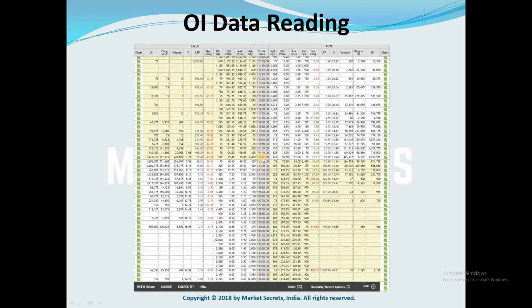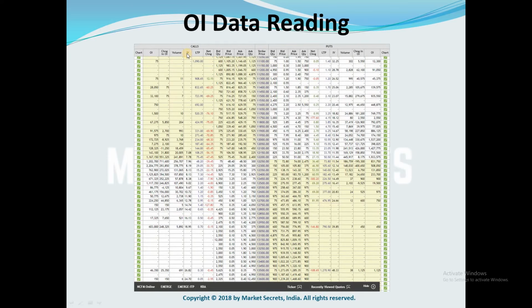At 12,200 there were 2,41,000 contracts traded, changing hands today. Change in OI is the contracts newly added, whereas volume represents the contracts exchanged today. As simple as that.